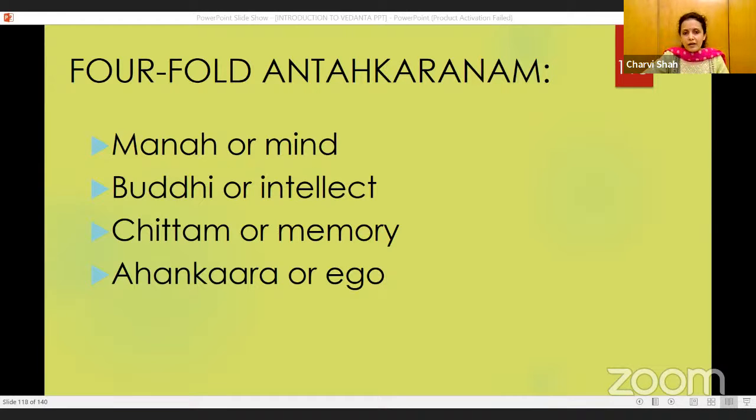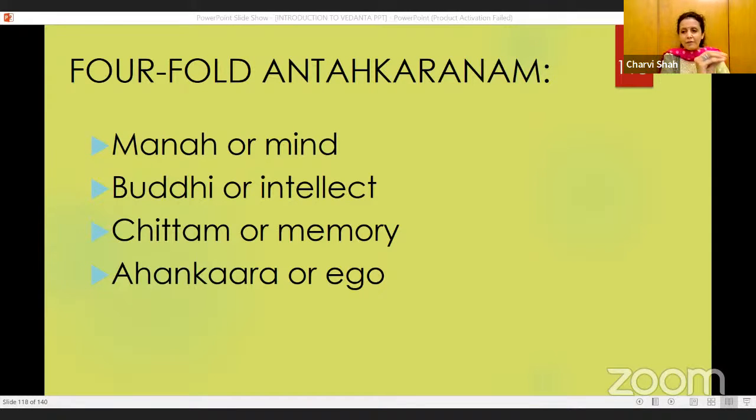First is manaha or mind. Second is buddhi or intellect. Note very carefully that manaha and buddhi are two different things. They are not the same. They are two different instruments, and we always mistake them as one, right?